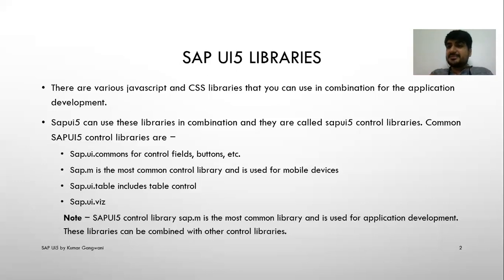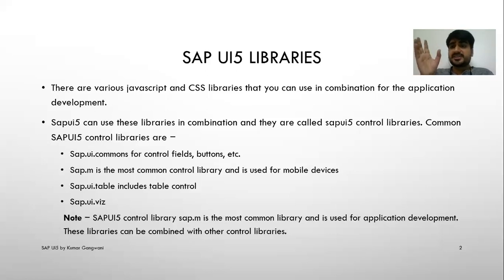So what we recommend, and also the UI5 geeks who work on development always recommend, is to have a habit of using the sap.m libraries. The benefit is that you can deploy it on a mobile phone and still work on it on a laptop or desktop.